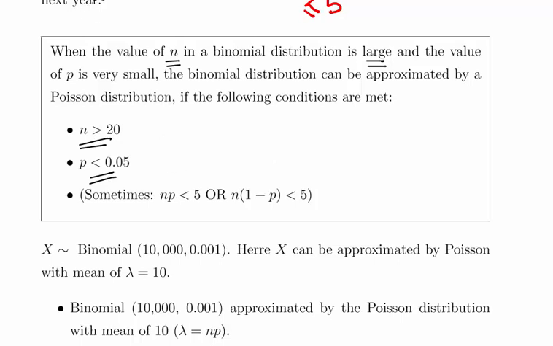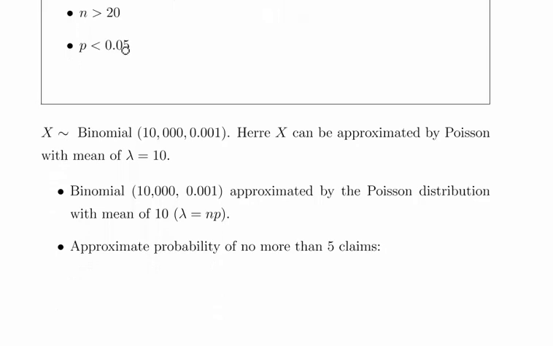Now sometimes we use much more strenuous conditions as well. NP has to be less than or equal to 5. We actually don't meet that, so I'm just going to ignore that one. We're at 10. So X is a binomial random variable with sample size 10,000 and P equals 0.001.